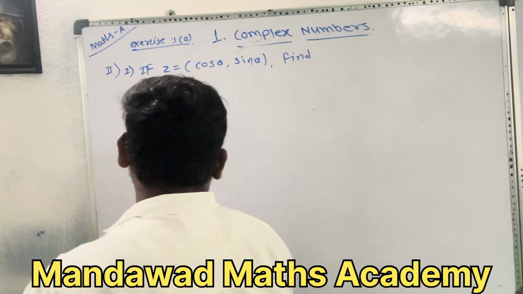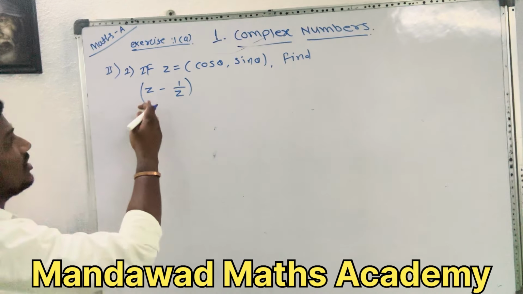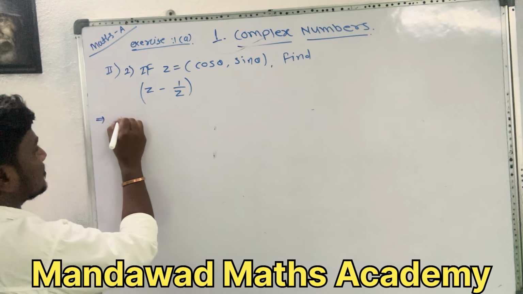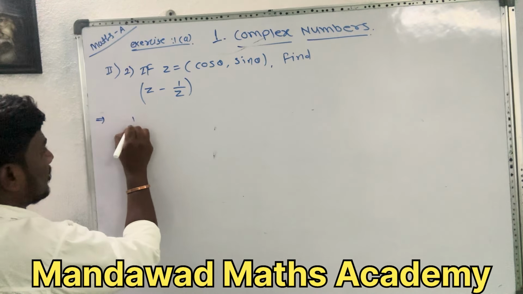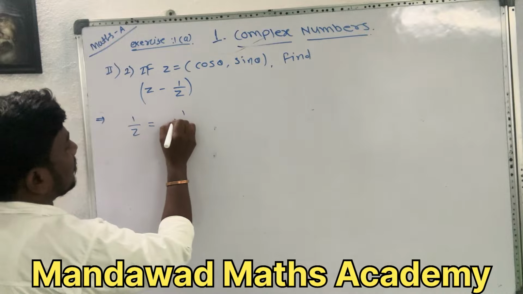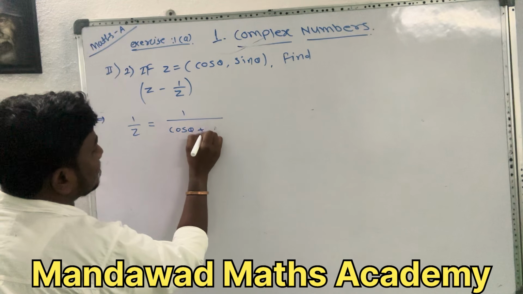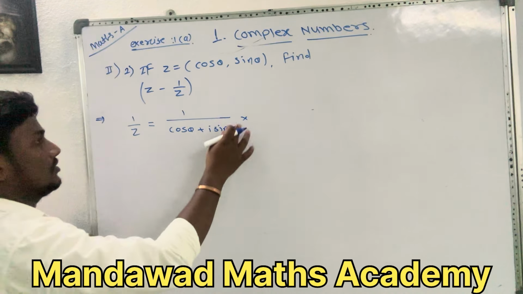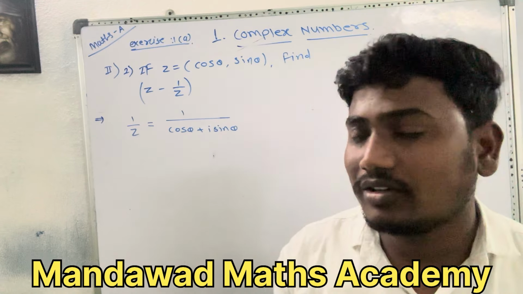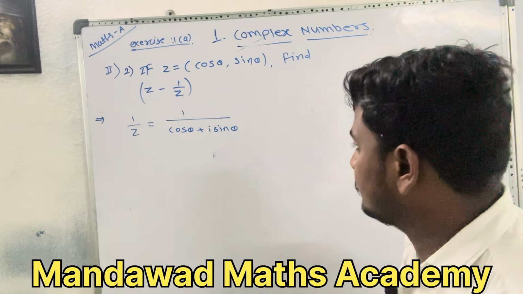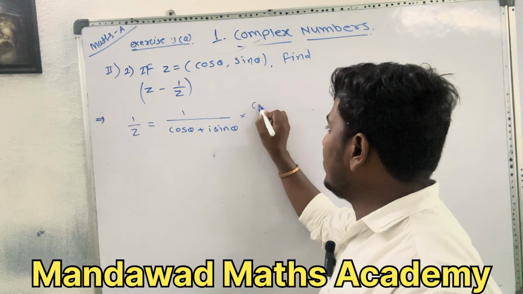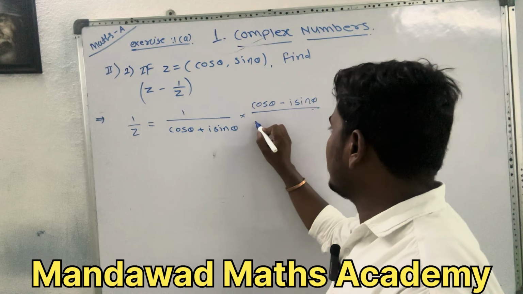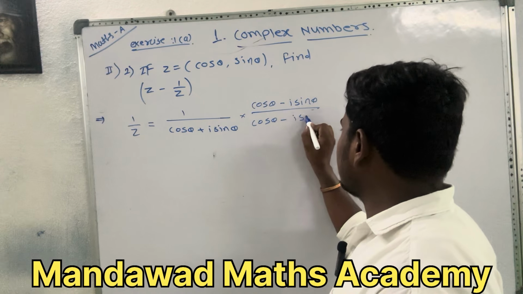If Z is equal to cos theta comma sin theta, find Z minus 1 by Z. So first we need to find 1 by Z. 1 by Z is equal to 1 by cos theta plus i sin theta. So we can do a rationalization here, multiplying the denominator by cos theta minus i sin theta, and similarly the numerator.